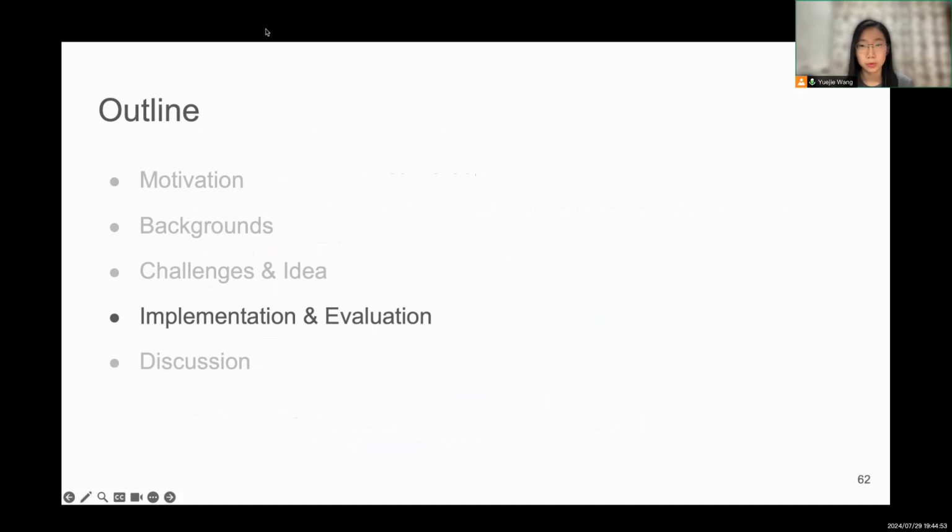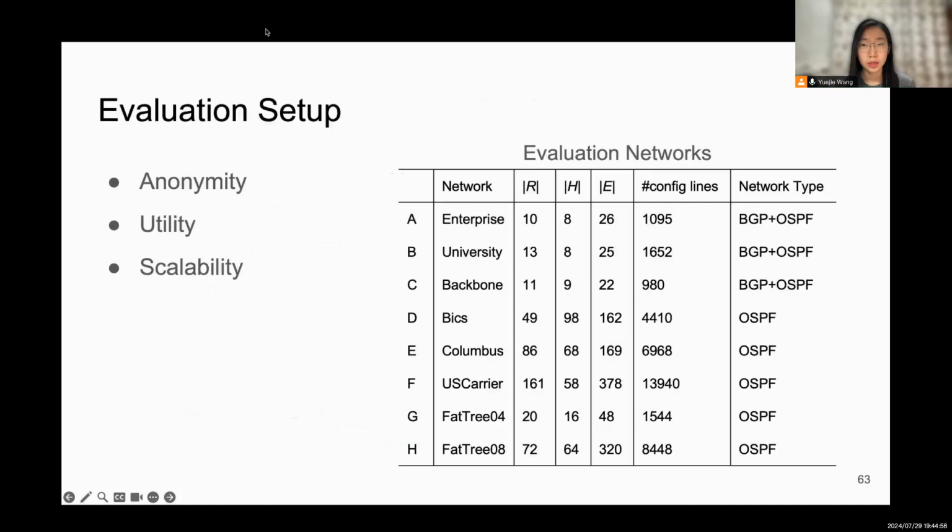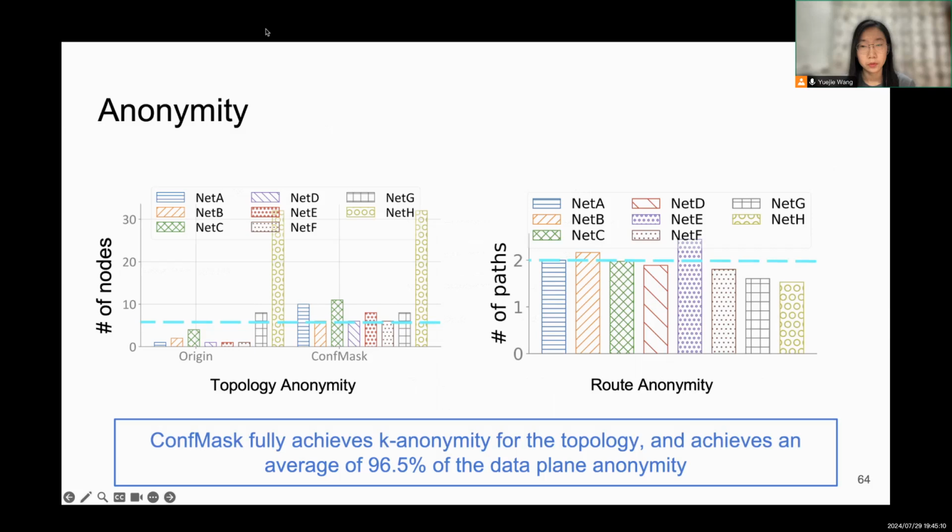Next, I will go through the evaluations of ConfMask. We anonymize 8 networks of various routing protocols and scales as listed in the table to evaluate ConfMask from 3 different aspects, including anonymity, utility, and scalability. The first figure shows that ConfMask successfully achieves the theoretical topology anonymity guarantee provided by the algorithm.